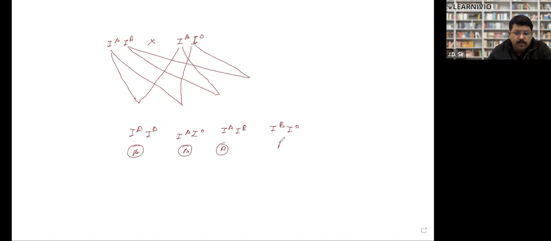The blood group will be B. So how many types of phenotype? Oh, something is wrong. IA, IB, it will be AB. Sorry. So phenotype means how many types of blood group. So there are three types.